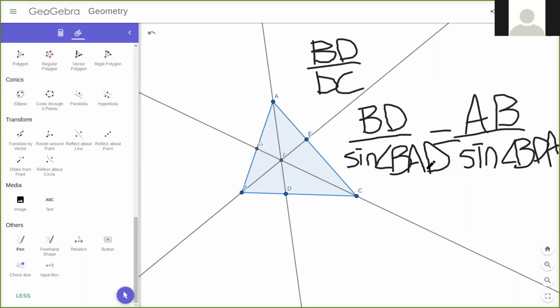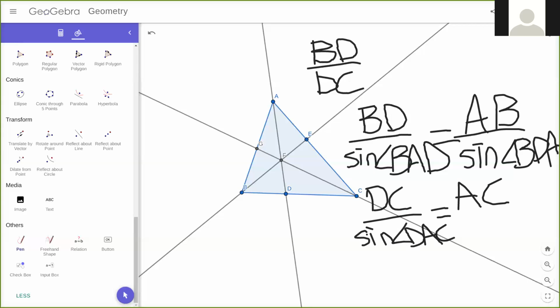I wrote it probably pretty badly. If we write something like this involving DC, then we get two angles that add up to 180 because they're next to each other. So similarly, we have DC over sine DAC equals AC over sine angle ADC.